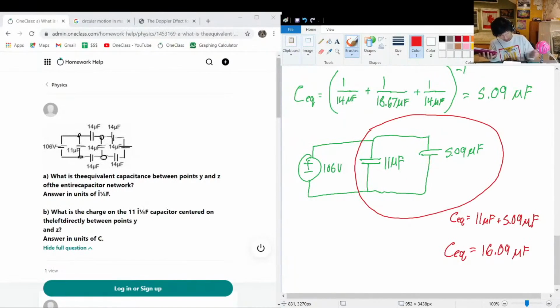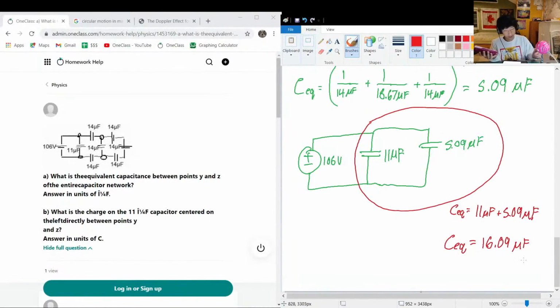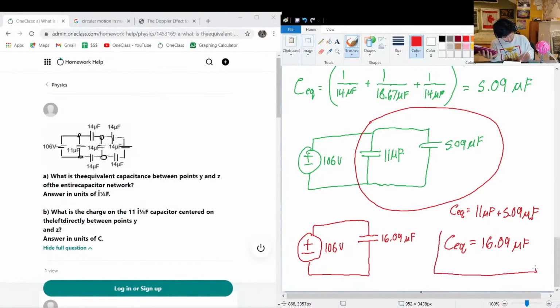Okay, I lied when I said this will be the final redraw, but this is the actual final redraw. So 106 volts and 16.09 microfarads. Okay, so this is the final equivalent capacitance.